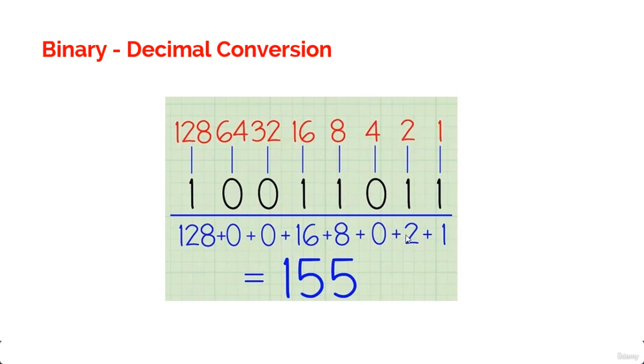Since it is 1, we'll consider 2. This is 2 to the power 2, which is 4, but the digit is 0, so we will not consider this. In a similar way, you add all the decimal numbers to get the final answer. So 1001 1011 in decimal is 155.